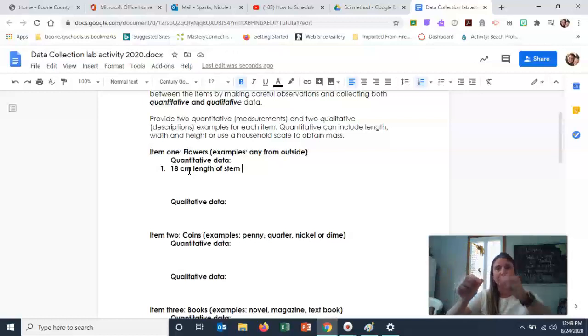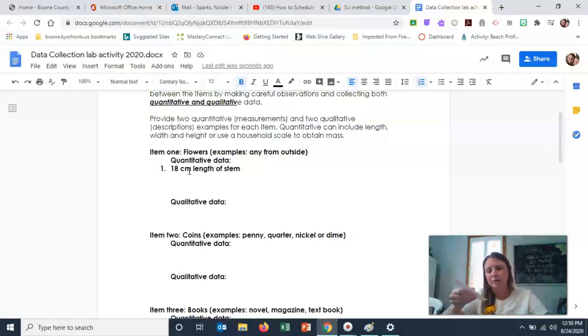All I did was measure from the top of the head of the flower down to the stem, and it's 18 centimeters in length. So that's one way. I could also look at getting the measurement of the head of the flower, or maybe a petal or a leaf. I could also look at getting the diameter, so maybe I'll do that.